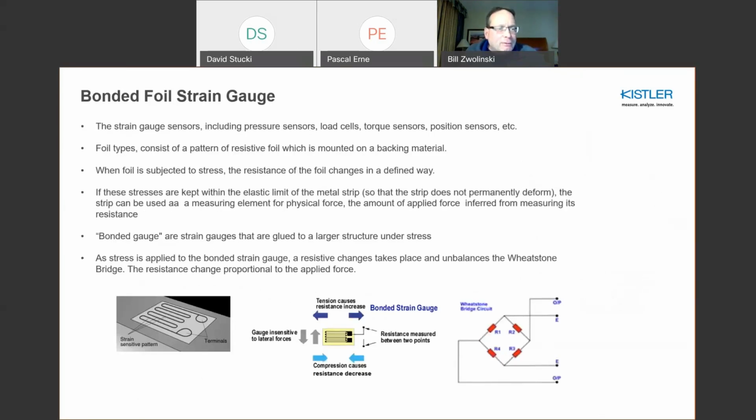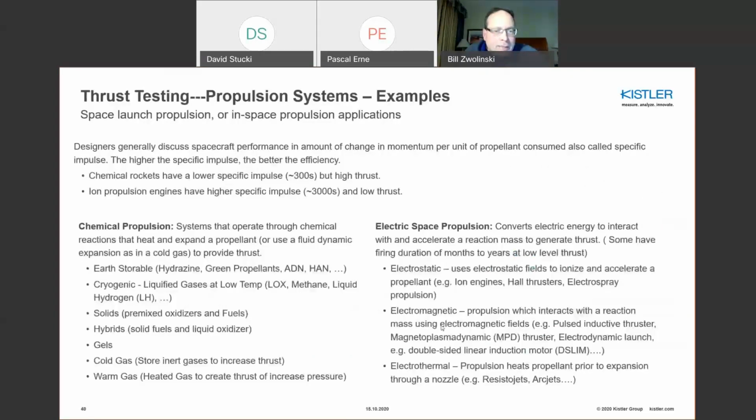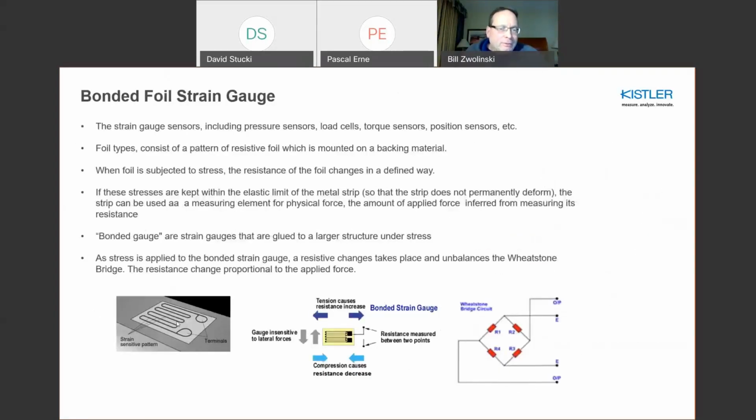I wanted to touch upon strain gauge just briefly. Strain gauge is a widely used technology. It could be used for pressure sensors, load cells, and torque sensors, and I've seen it used quite a bit in the thrust measurement area. It operates on a concept of deflection, and the deflection measured by the strain gauge bridge causes a change of resistance, and that resistance is proportional to the load.